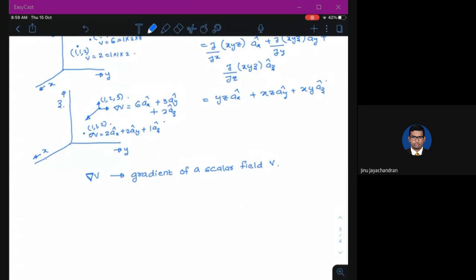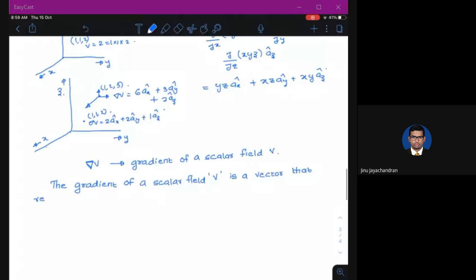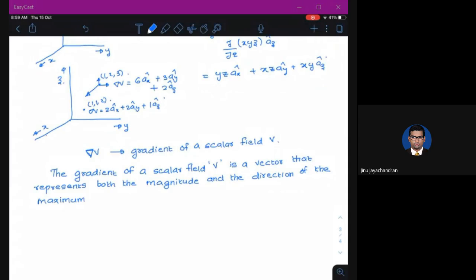And the gradient has a property, which is: the gradient of a scalar field v is a vector that represents both the magnitude and the direction of the maximum space rate of increase of v.